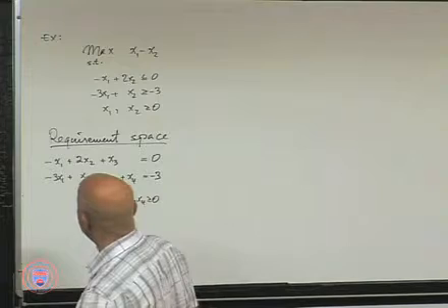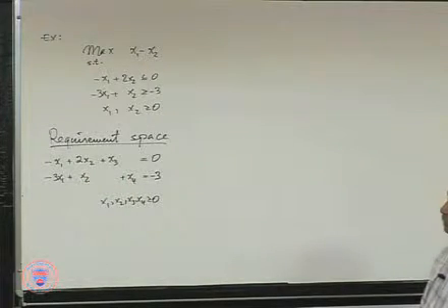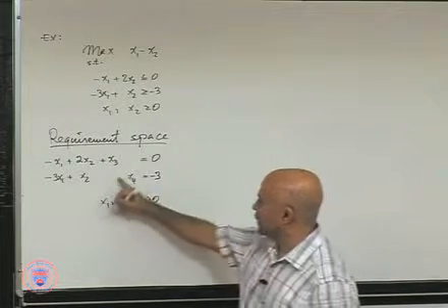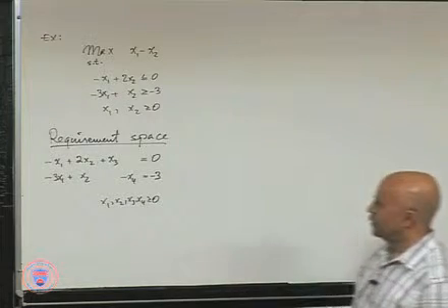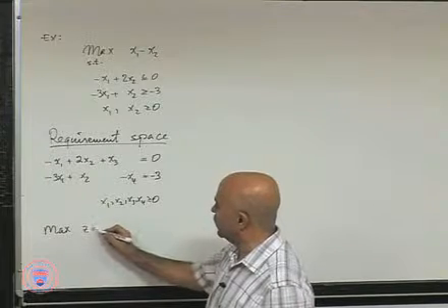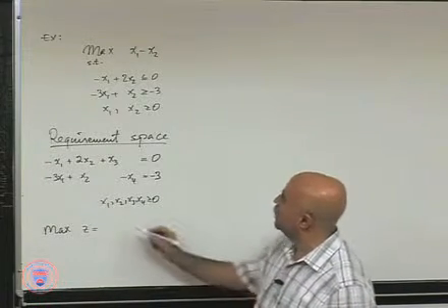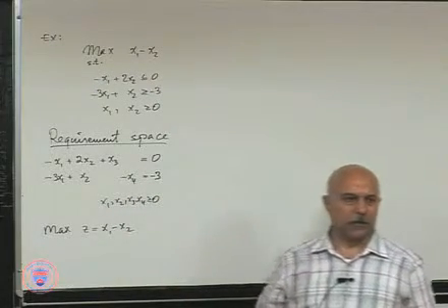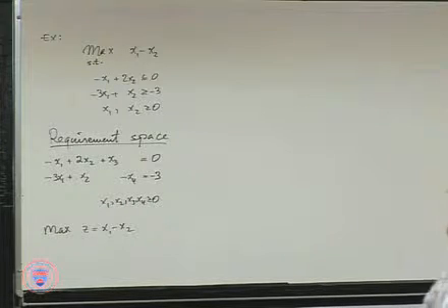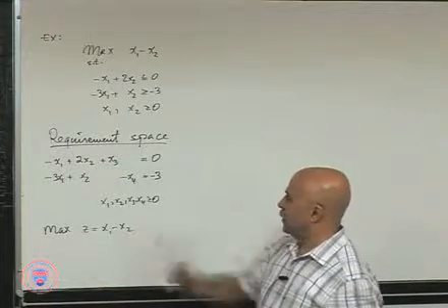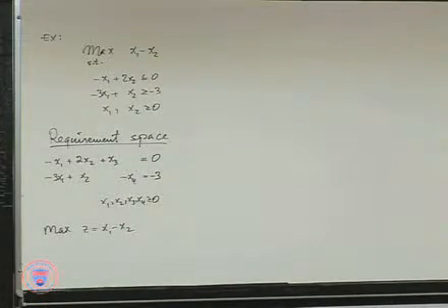The right-hand side is minus 3. And the objective function is still the maximization. Let's also take z to be the value of the objective function, x1 minus x2. By the way, slack and surplus variables don't contribute anything to the objective function. They simply absorb the excess amount or the deficient amount in the constraints, so they don't change the objective function.